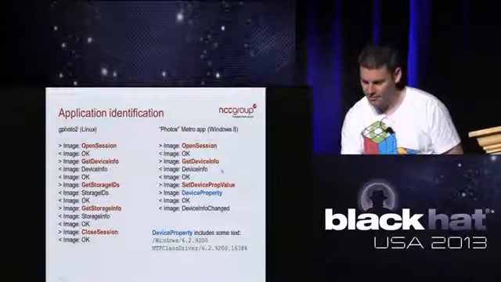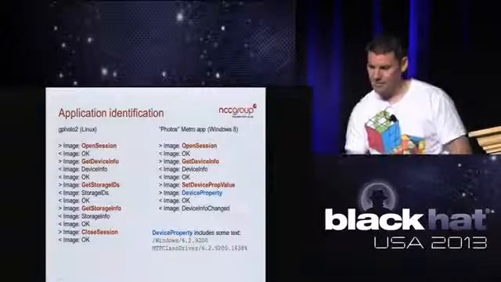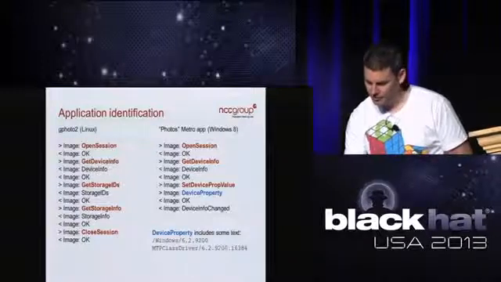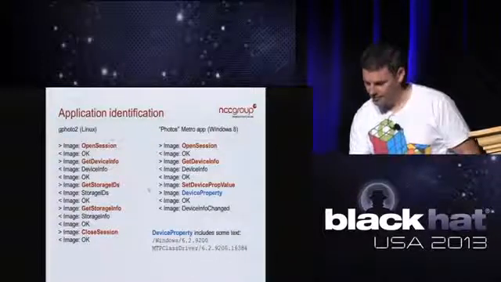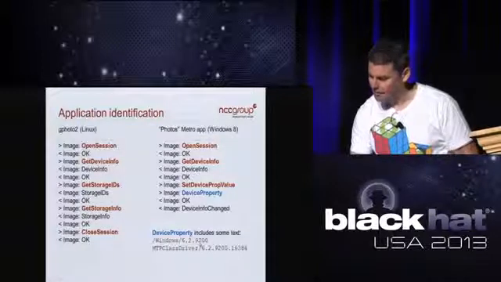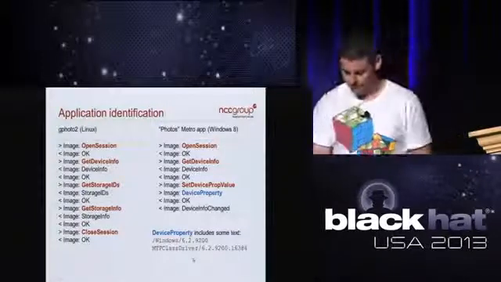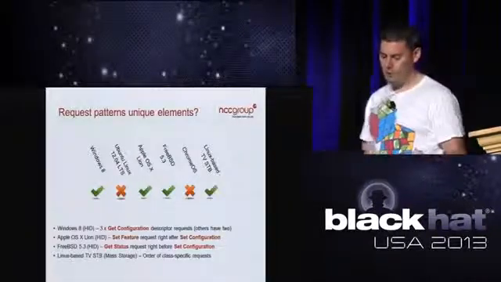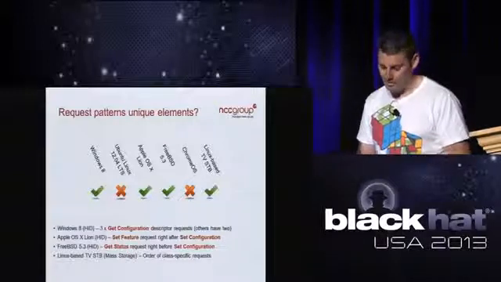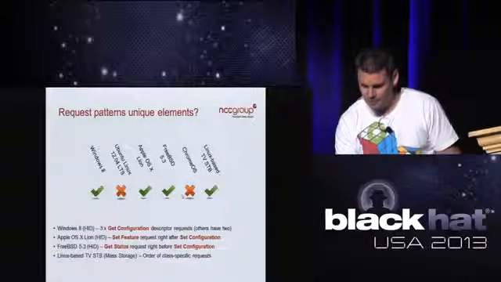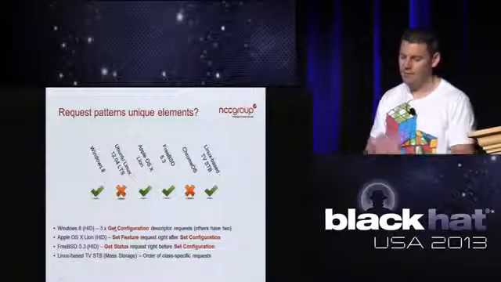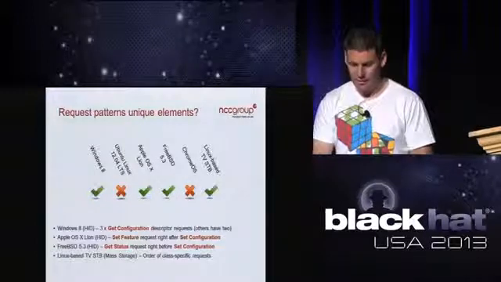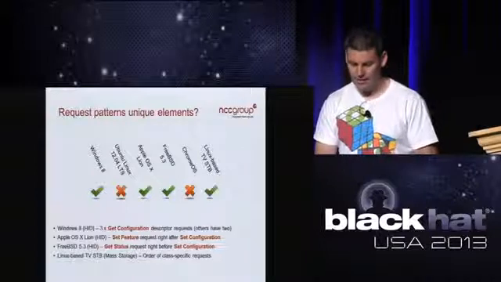Initially it asks for the device info in the same way, but then it decides to set a property value on one of the thumbnails, and within the property that it wants to set, it actually specifies exact details about the class driver that's installed within Windows 8. So having a look through the different platforms that I was testing, you can see that there are unique elements in the way that the different host stacks responded and communicated during either enumeration or within class-specific information.